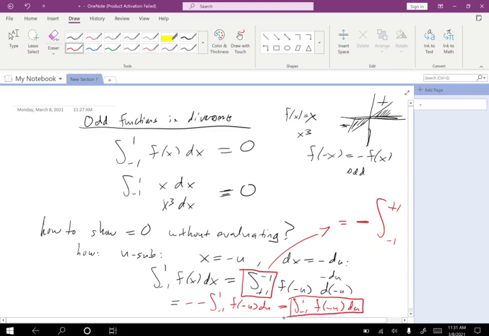Okay, so now let's use the fact that it's odd. Our integral is equal to minus, we have a minus sign from the odd property, of exactly what we started with. So the only way an integral could be negative itself is if it's 0.